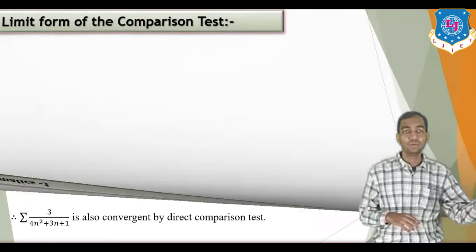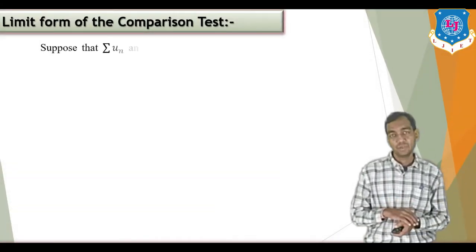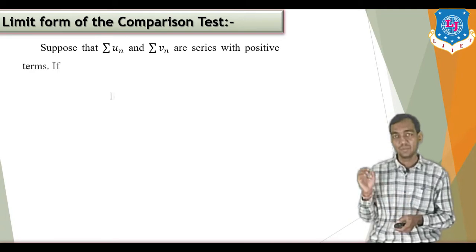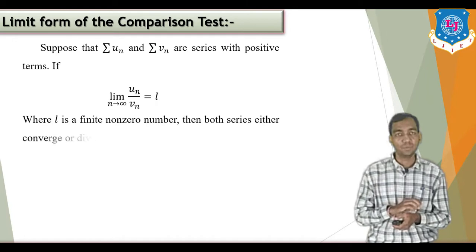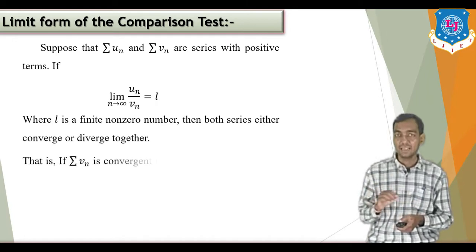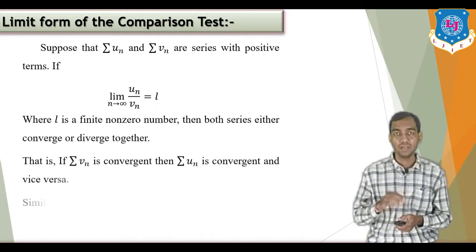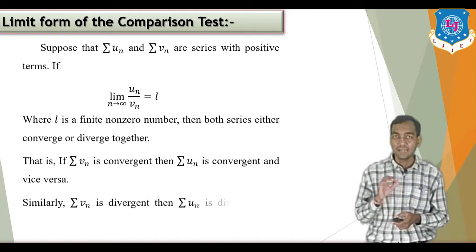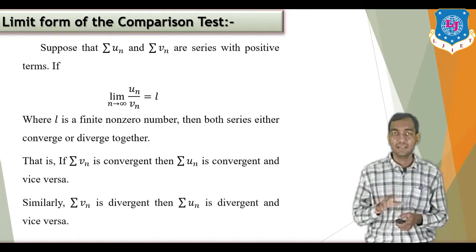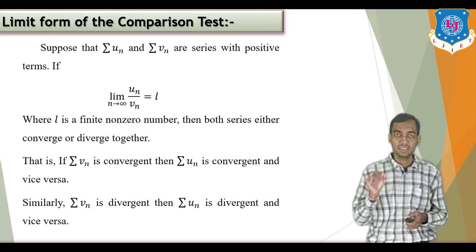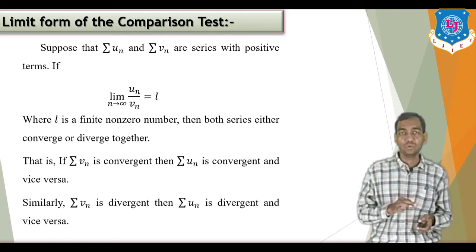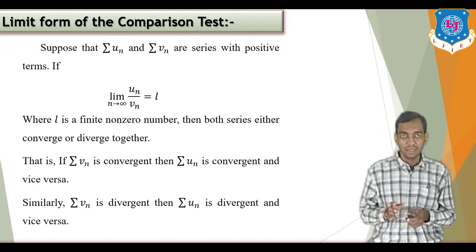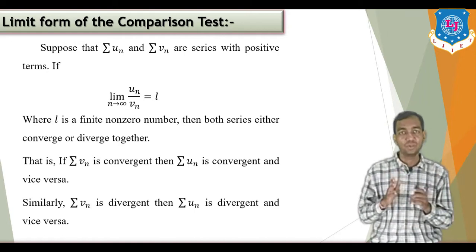Now we are going on to the limit form of the comparison test. Suppose sigma un and sigma vn are two series with positive terms, and if the limit as n tends to infinity of un upon vn is equal to l, where l is any non-zero finite number. See, here it is necessary that it is non-zero and finite. For 0 you cannot say anything, and for infinite also you cannot say anything.